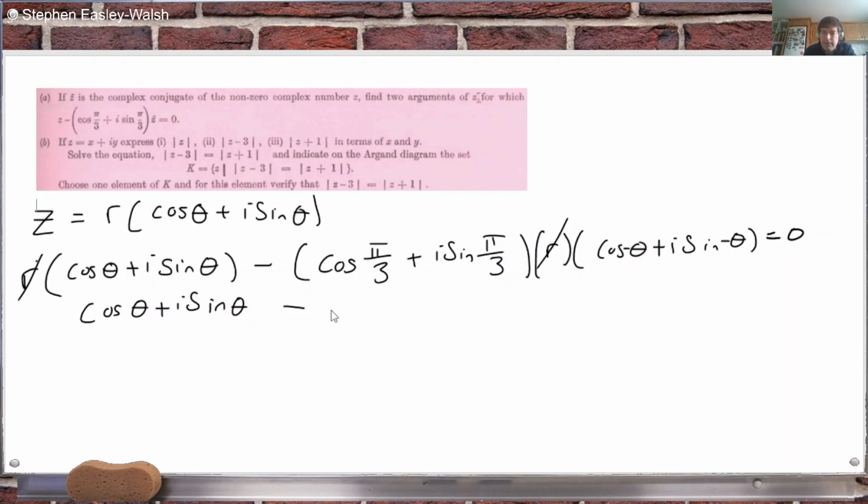That's the same thing. So that becomes cos pi over 3 minus theta plus i sine pi over 3 minus theta equal to 0.